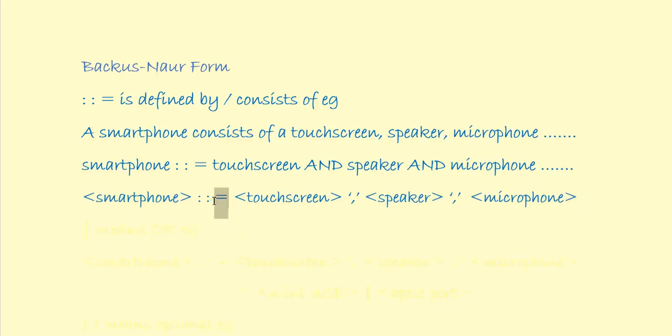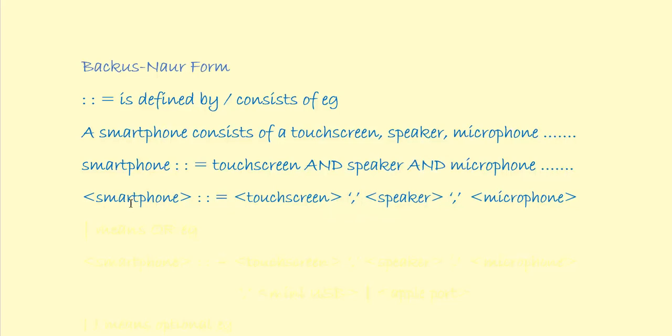So if I want to use this "is defined by" or "consists of" symbol, what I need to do is enclose my syntactic elements, my items if you like, within chevrons. So smartphone has a chevron either side, and then the items that comprise a smartphone have a chevron either side as well. And you notice that the "and" is quotation mark, comma, quotation mark.